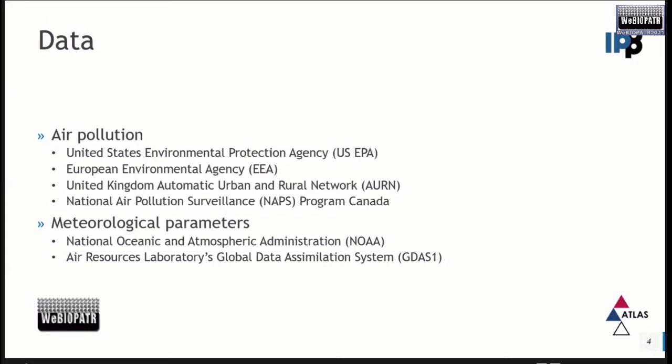The measured meteorological parameters are available from the National Oceanic and Atmospheric Administration, NOAA, but the values of this kind of data may also be obtained from numerical models used for weather forecasting, usually from the Air Resources Laboratory Global Data Assimilation System, known as GDAS 1 or 1/2.